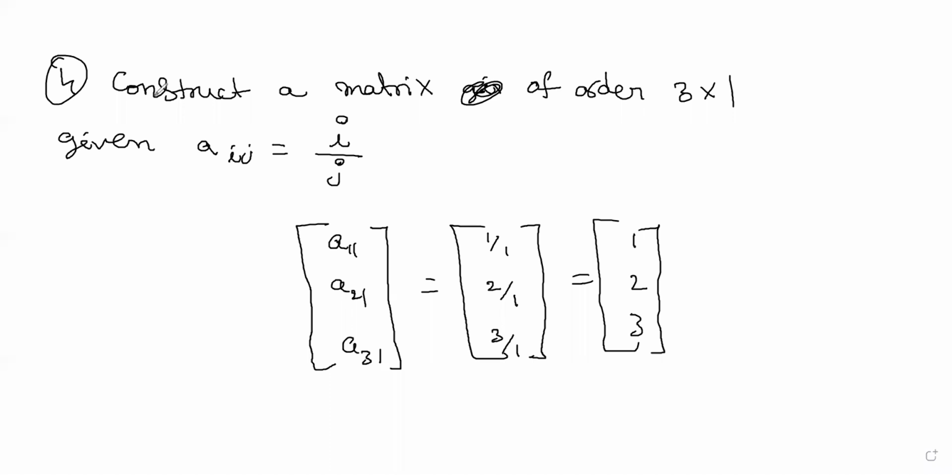Let's move on to the next one. One more. Construct the matrix given Aij is equal to i square plus j square divided by 2.